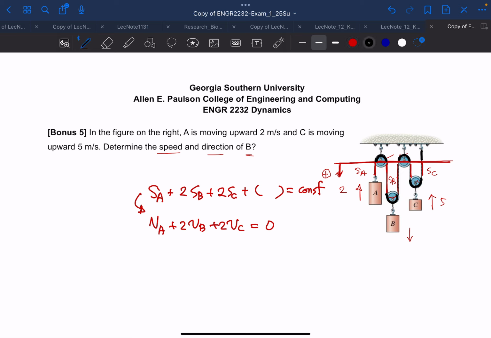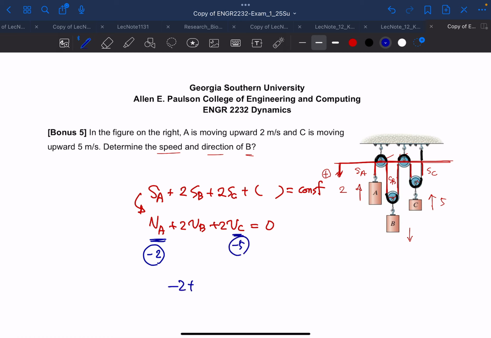And now we want to plug in the numbers, and v_A is what? It's minus 2, right? This is my positive direction, but it's going up, so it's an opposite direction, so it's -2. And this guy is -5.